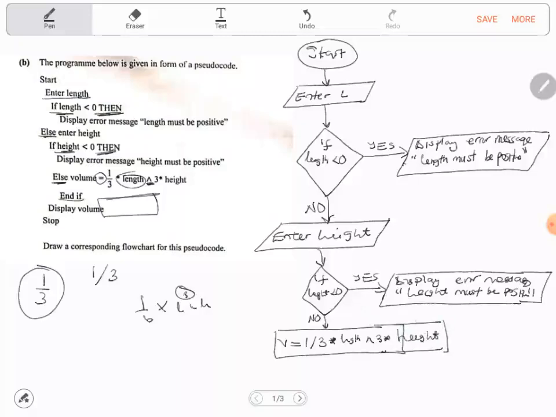Then they are saying end if, this does not have a shape. They're just telling you to end, then you display volume, then you stop. So from here, I'll finish it up from the other side. Okay. So we end, then we stop. So let me finish it up from the other side. So you are going to have an arrow coming down.